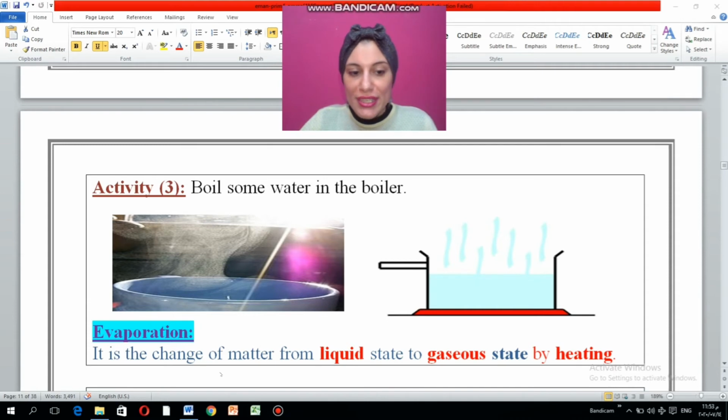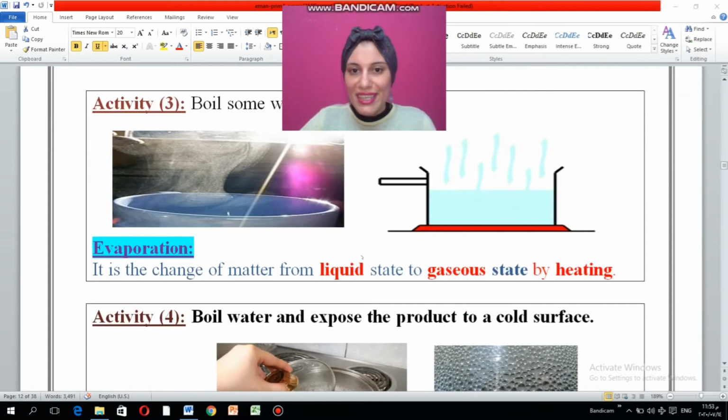So evaporation it is the change of matter from liquid to gaseous state by heating. الكلام اللي انا كاتباه بالاحمر ده بيجي complete. تمام؟ يبقى from liquid to gas or to gaseous state by heating.